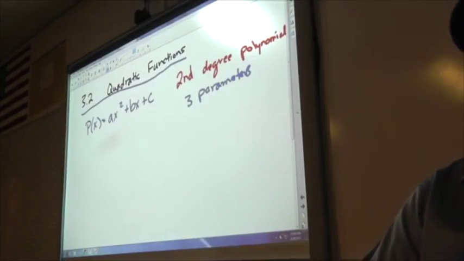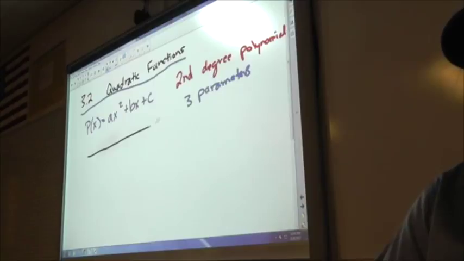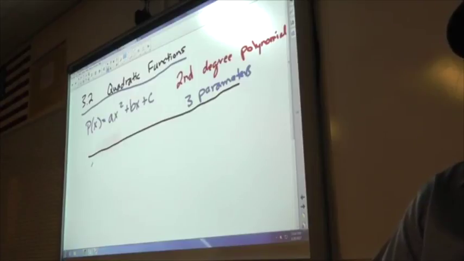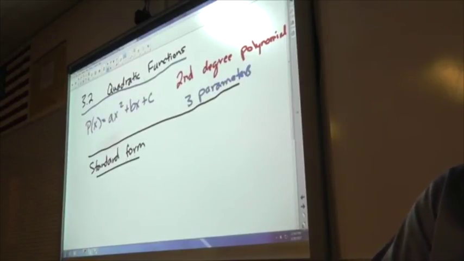So there's this nice form called the standard form. I always grew up with it being called the vertex form, but we'll call it standard form, because the book does. Now, this is very powerful. This is when you start using the chapter 2 math in chapter 3.